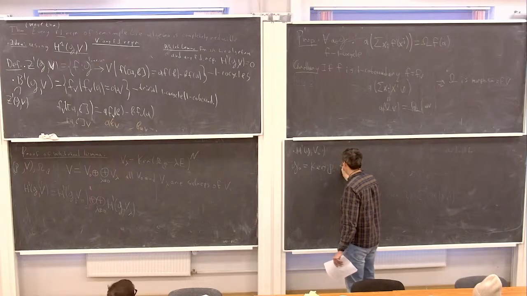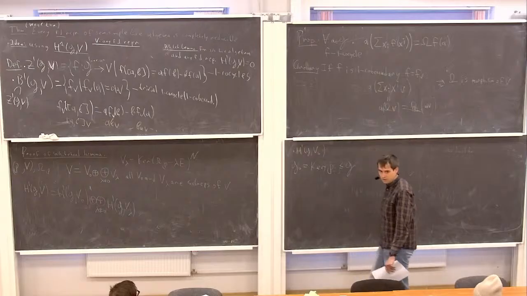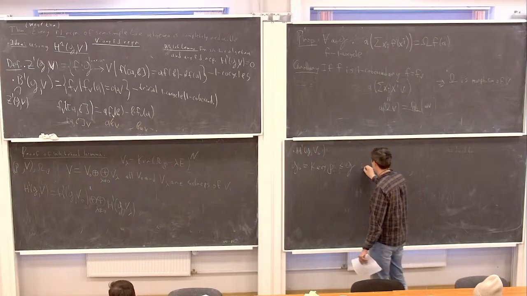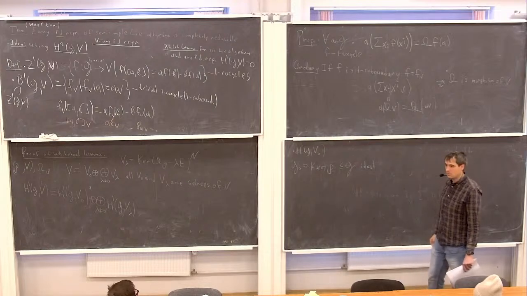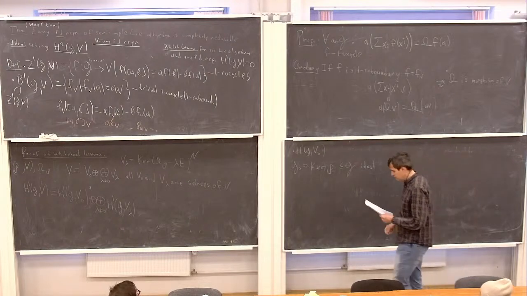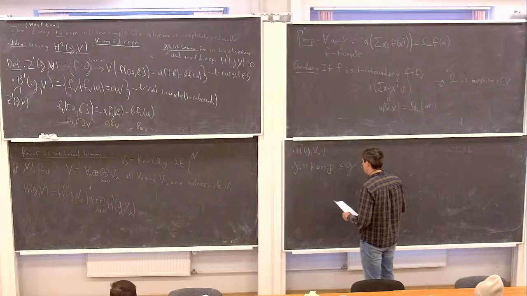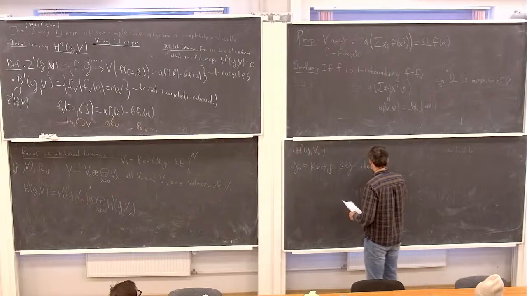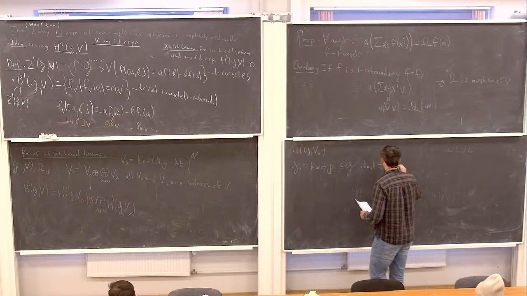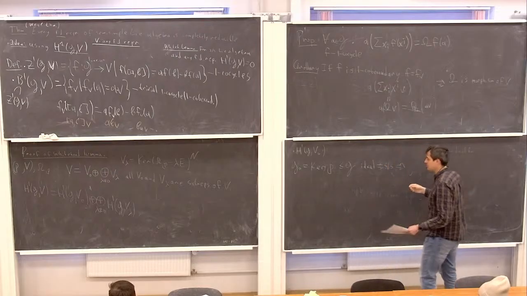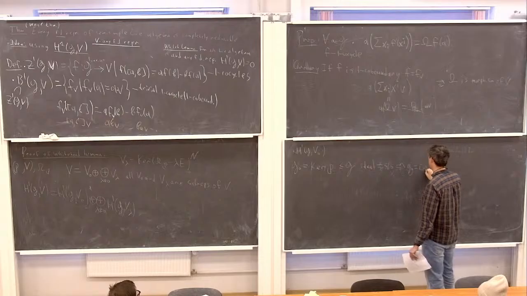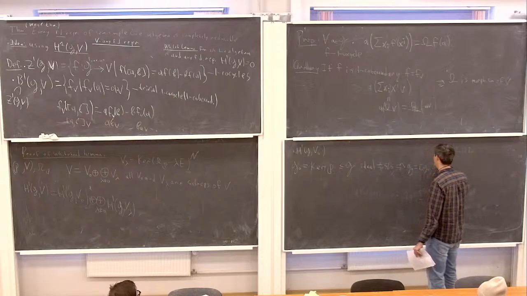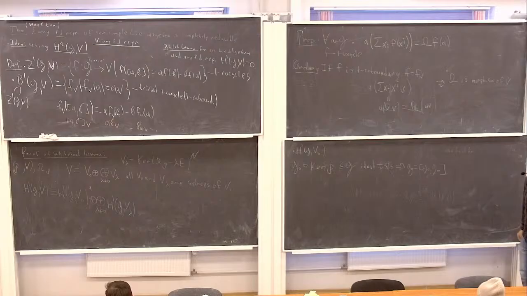So this is some ideal in g, right? Okay, this is an ideal in g. Therefore, semi-simple. Any ideal in a semi-simple algebra is semi-simple. Therefore, g0 is equal to its own commutator. Right. Very good.